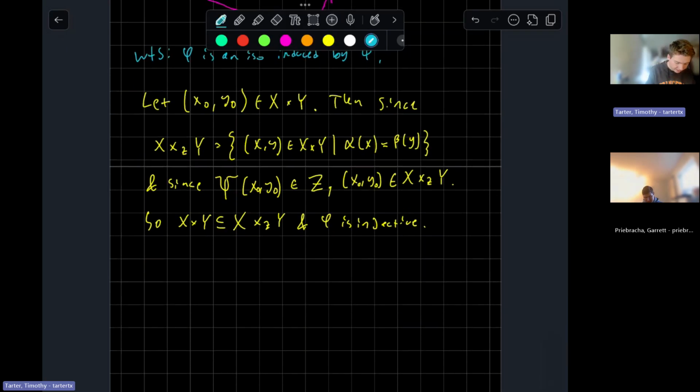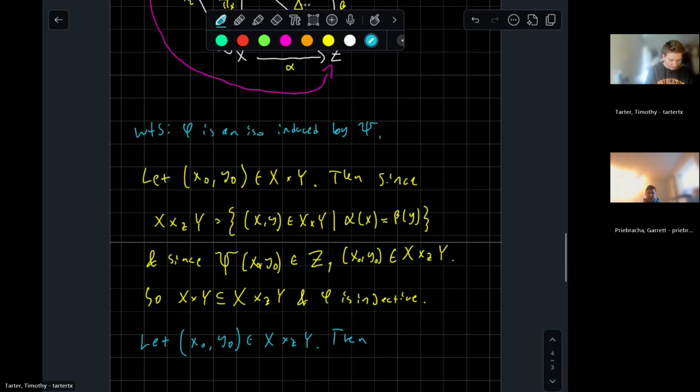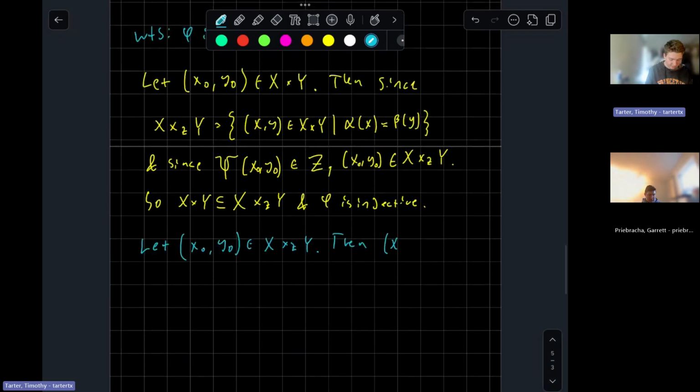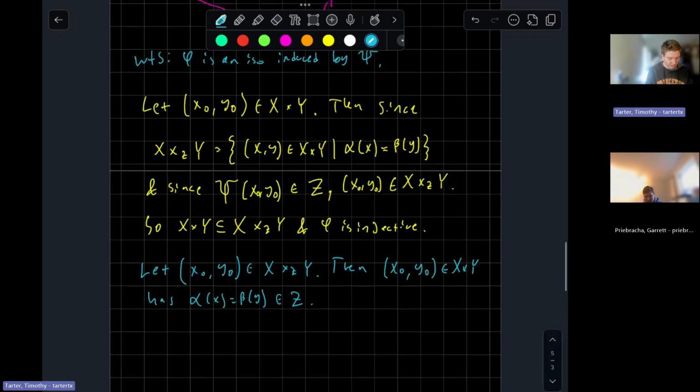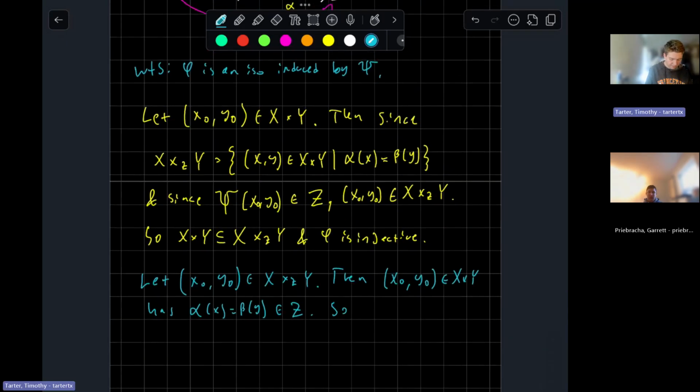And then the other direction is, let x naught y naught be in the fibered product, then x naught comma y naught in X product Y has alpha of X equal to beta of Y in Z. And then this is just the trivial containment, right? Yeah.